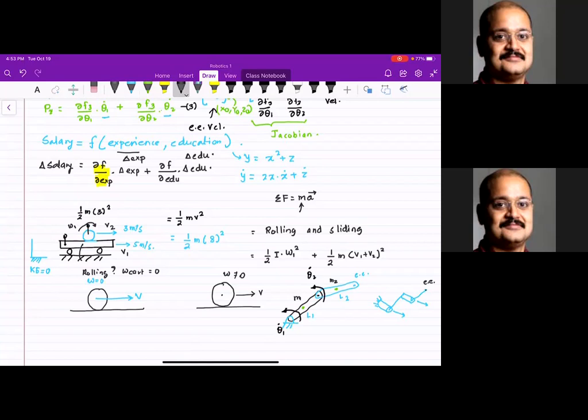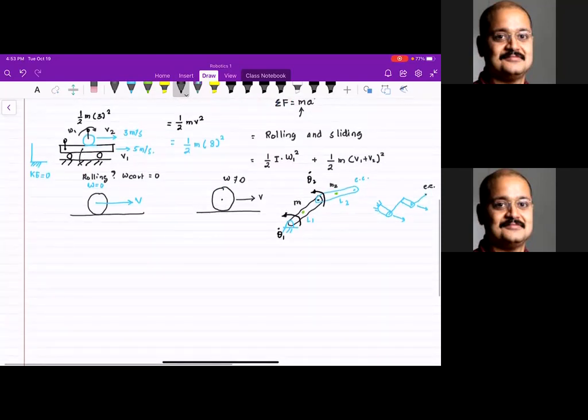There are two links with two masses. So there will be, this is super important, so please pay attention. So the total kinetic energy is kinetic energy of mass M1 plus kinetic energy of mass M2.